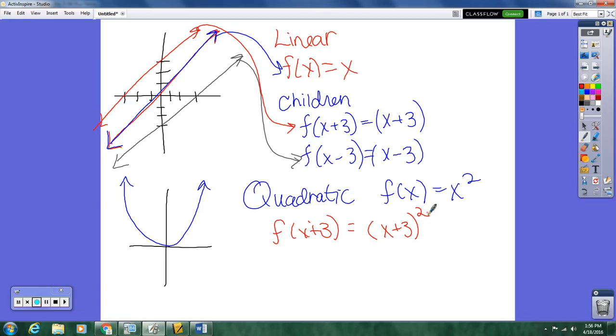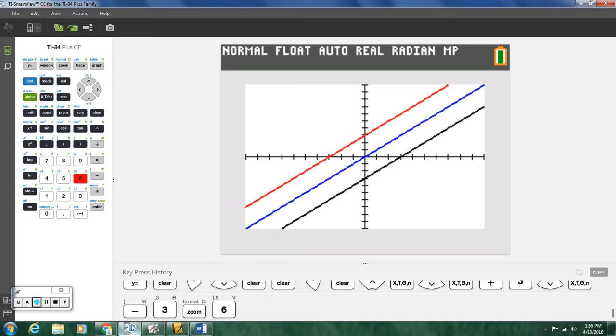And the same thing when we do the other one, the second child, the x minus 3, is also going to be in parentheses. You should have those two equations down there. You should have the f of x plus 3, the parentheses with a square on it, same thing on the x minus. Go ahead and type those in your calculator.